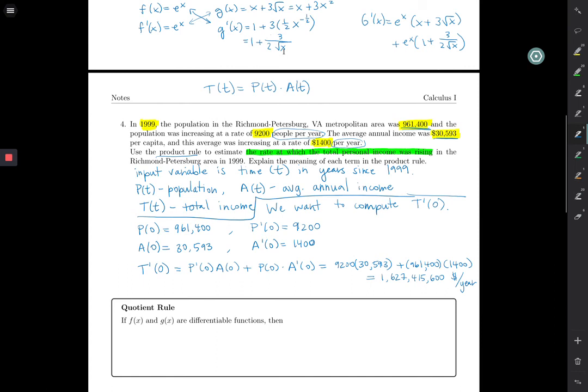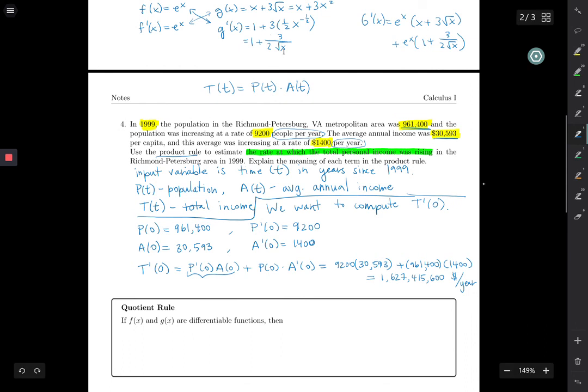Okay, now it also asks us to explain the meaning of each term in the product rule. So what we have in this first piece is the rate of change of the population at 0 times the average annual income at 0. And so what this tells us is, remember P prime of 0 is telling you how fast the population is changing.